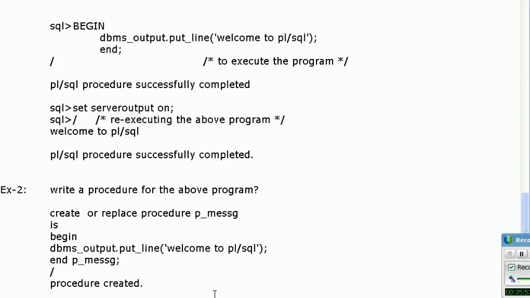Whenever you are storing a particular object in your database, the database contains the list of created objects under some system defined tables, Oracle system tables. User_tables contains all created table names. User_synonyms contains all synonym names.